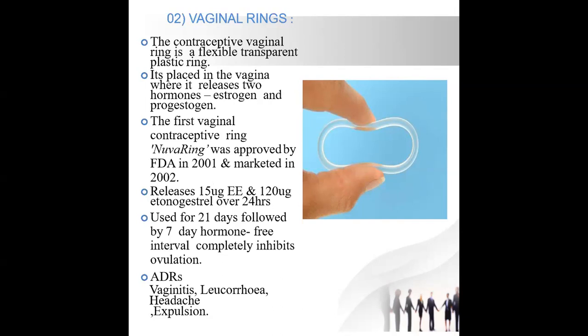So this Nova ring releases 15 micrograms of ethinyl estradiol and 120 micrograms of etonogestrel over 24 hours and is used for 21 days followed by a 7-day hormone-free interval, which completely inhibits ovulation. But the adverse effects are vaginitis, leukorrhea, headache, and expulsion of the vaginal ring.